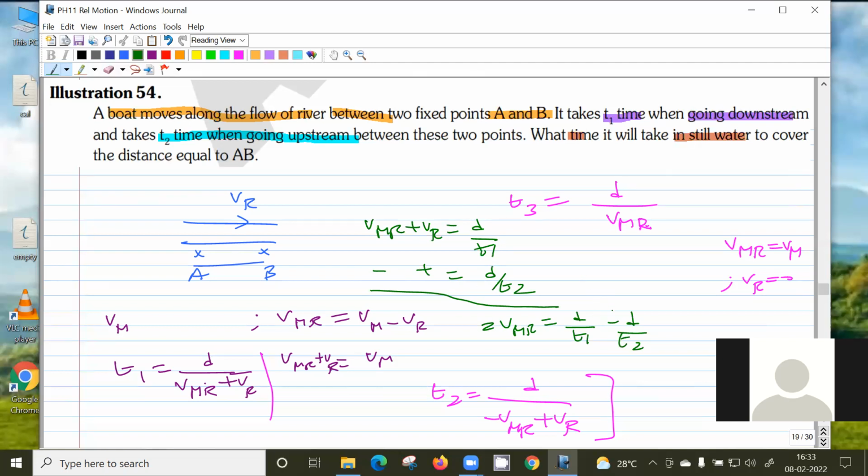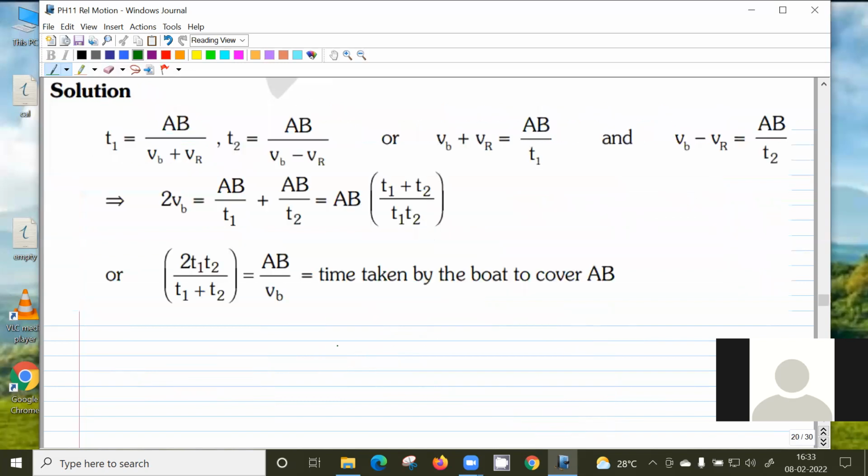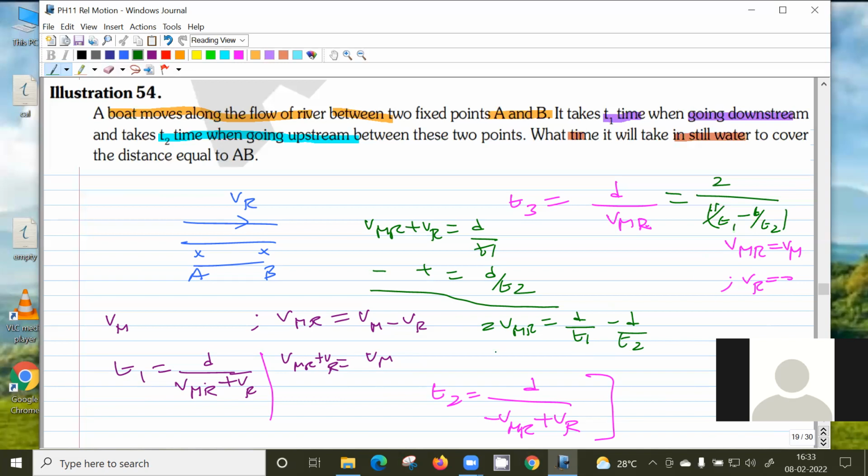And then d by VMR is t2 plus t1. So what is the mistake?